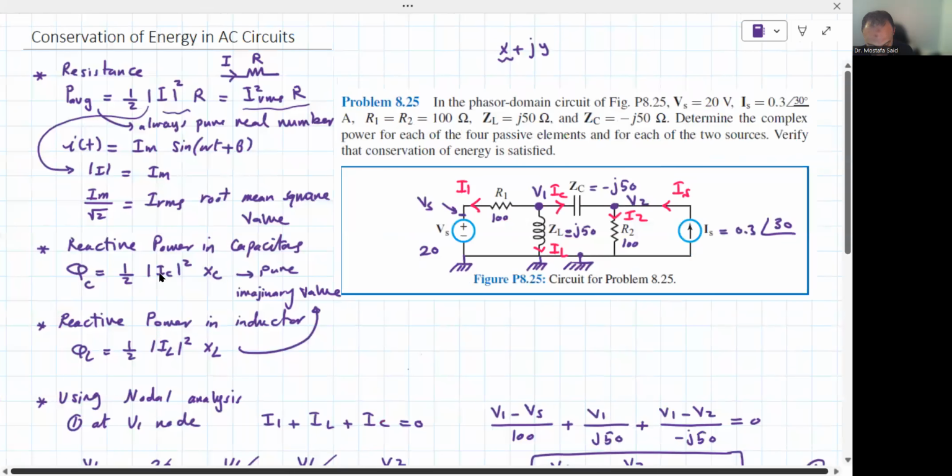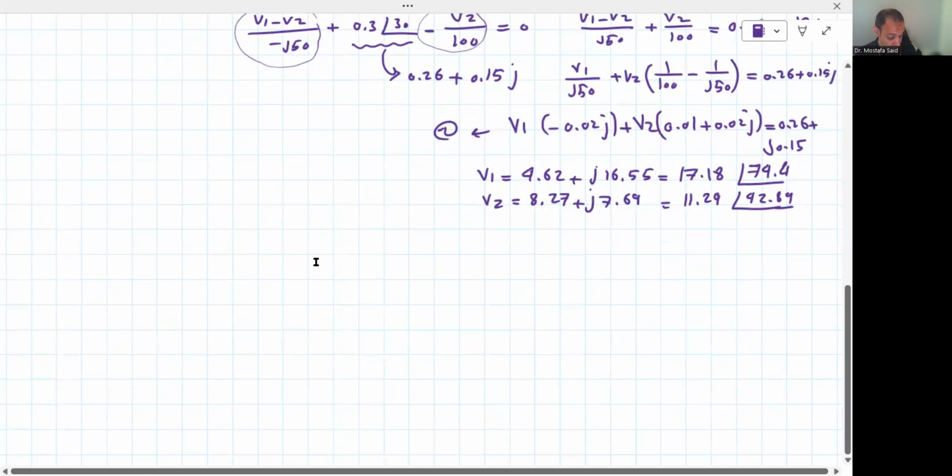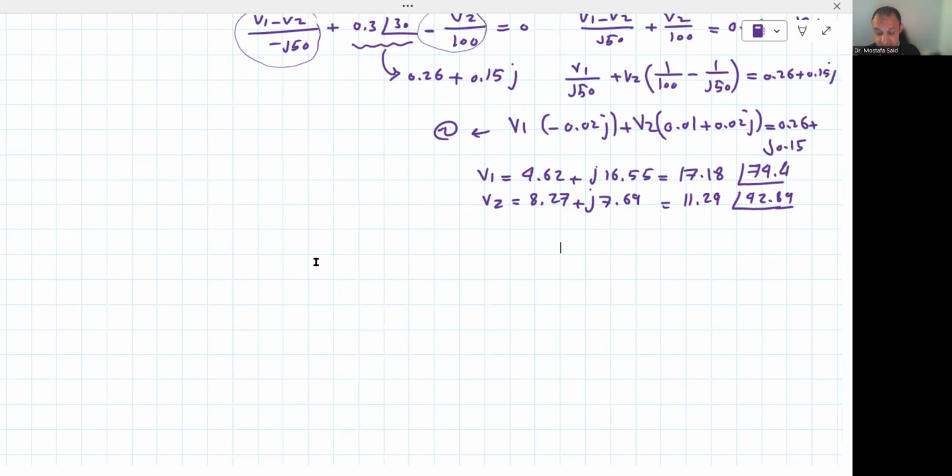Why? Because there are other formulas we can derive for the reactive power and the active power using the voltage, but that's fine. Let's use the current. So I will not calculate the current by hand, I use the calculator to solve it, but I'm going to give you the final answers.